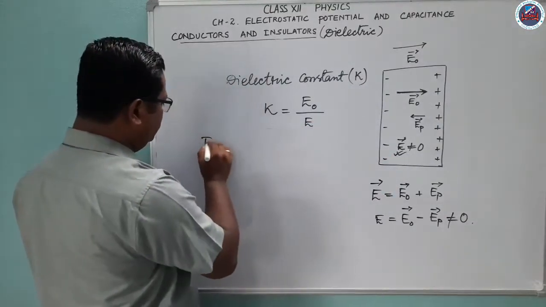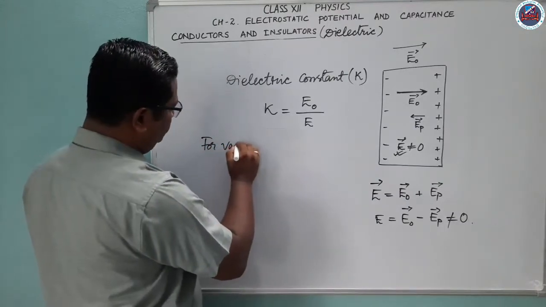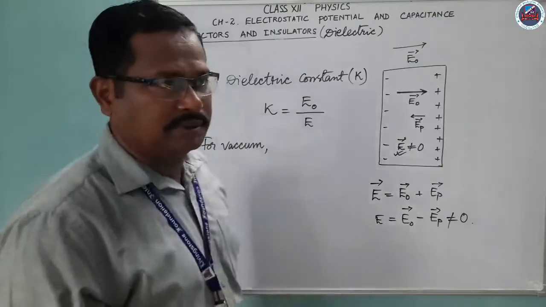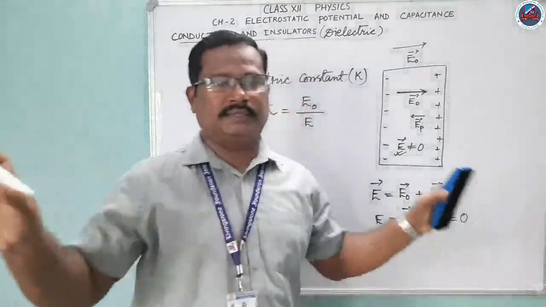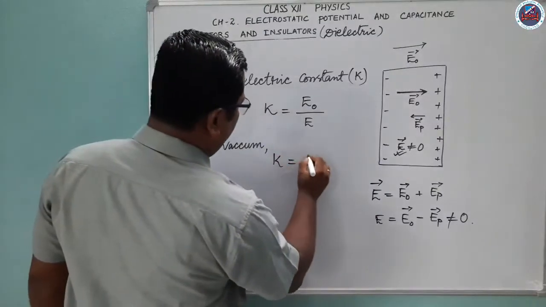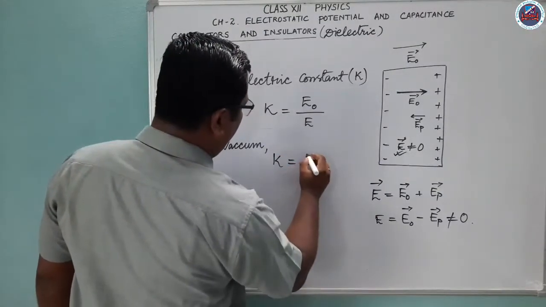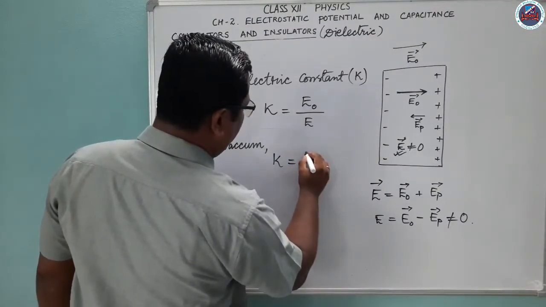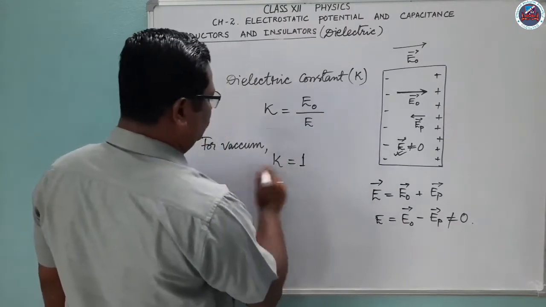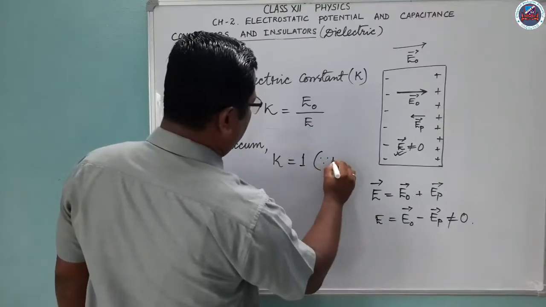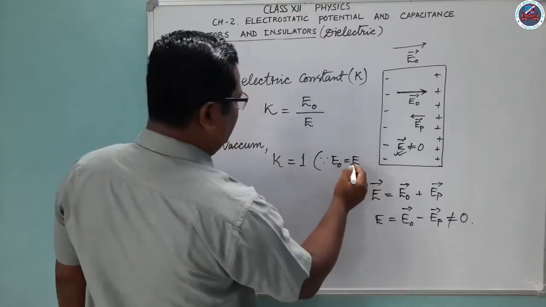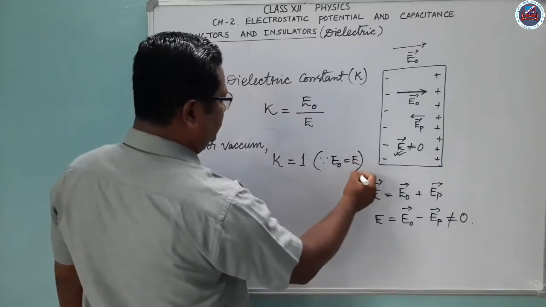For vacuum, as we know, there is no polarization, because in vacuum there is no charge, nothing is available. The values of E0 and E are both equal. So in that case, the value of the dielectric constant is 1 in vacuum, since the applied electric field will be equal to the resultant electric field.